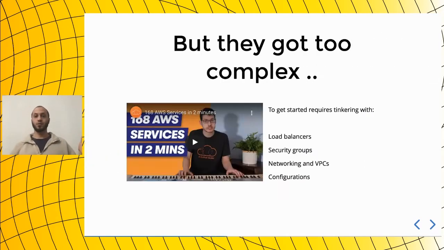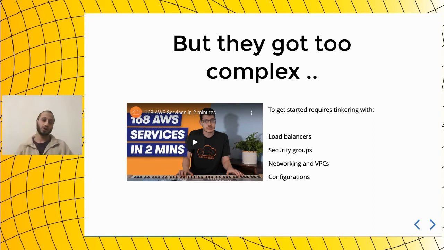The problem, though, is that they started getting a bit too complex. In this video, we have a song about the 168 services sung in 2 minutes. Actually, right now, I think they are even over 170.